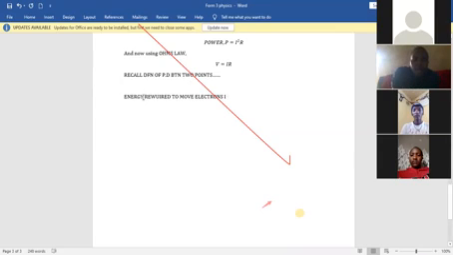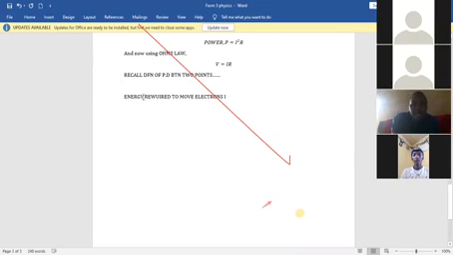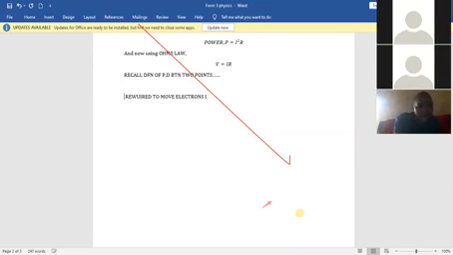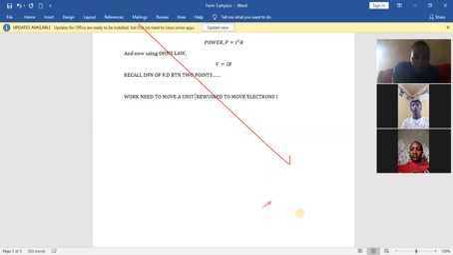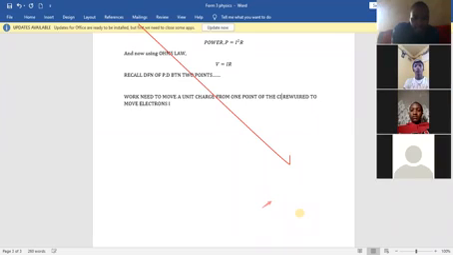Instead of using energy, let us use work. It is the work needed to move a unit charge from one point of the circuit to another. You remember this definition?